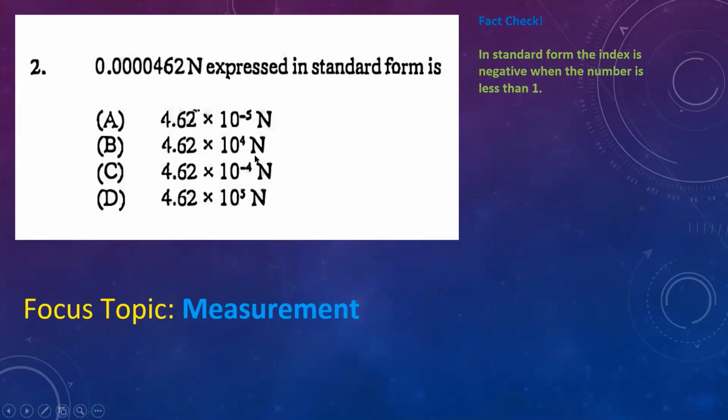So we have to choose the correct index. And if we look at how many places you move the decimal point, then it should be 5. And so your answer is 4.62 times 10 to the negative 5 Newton, which is A.